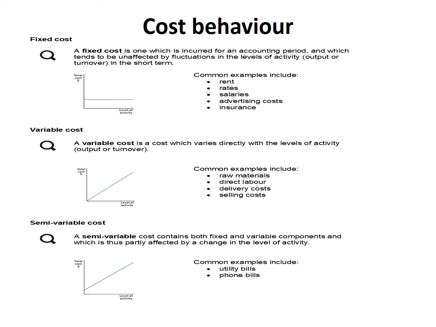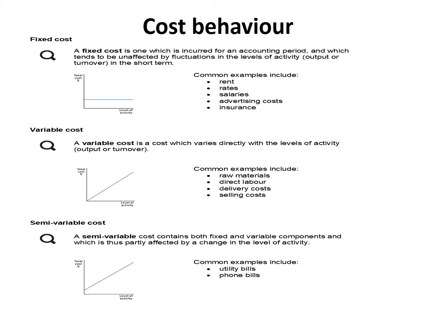A fixed cost is a cost that is fixed for a particular accounting period. That means that particular amount of expenditure is stable, static for a particular year, particular month.